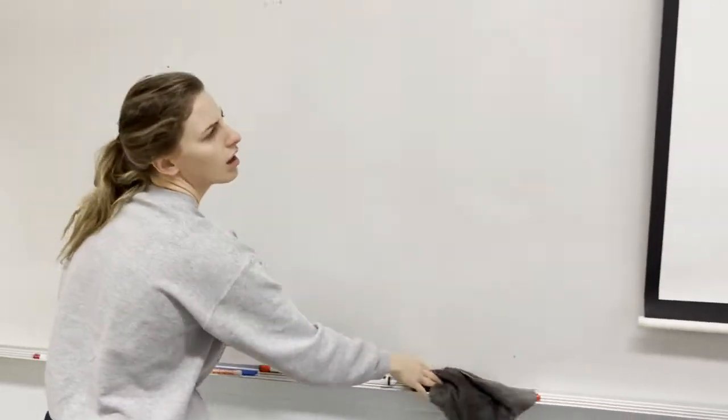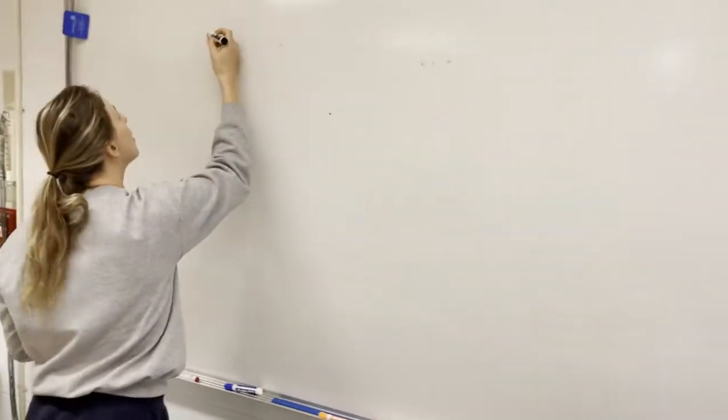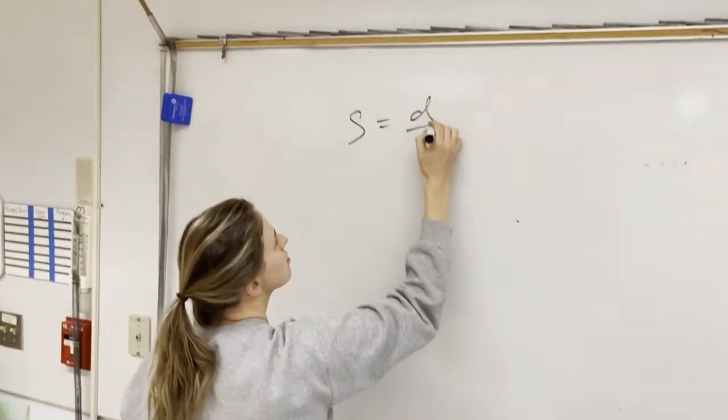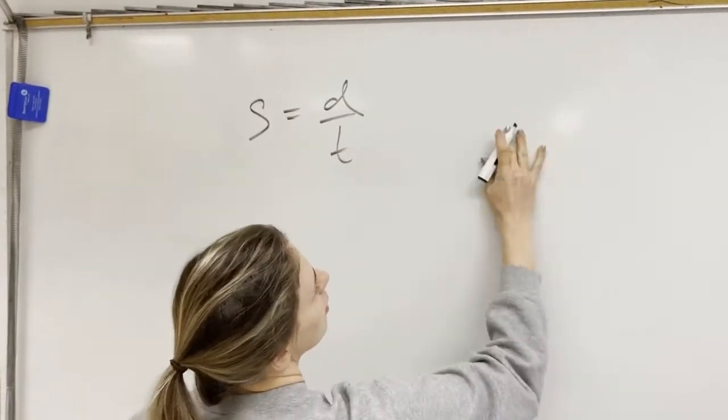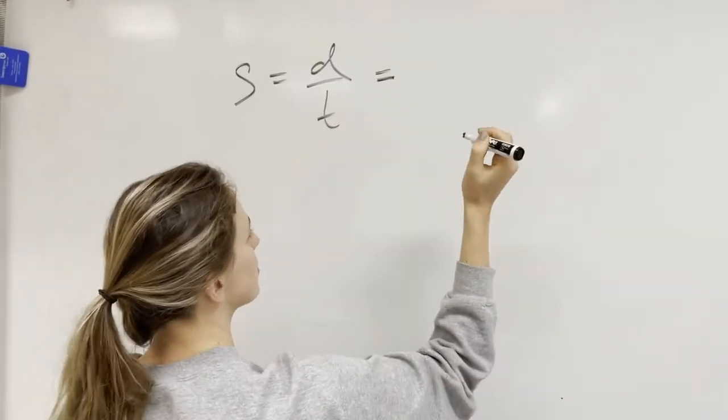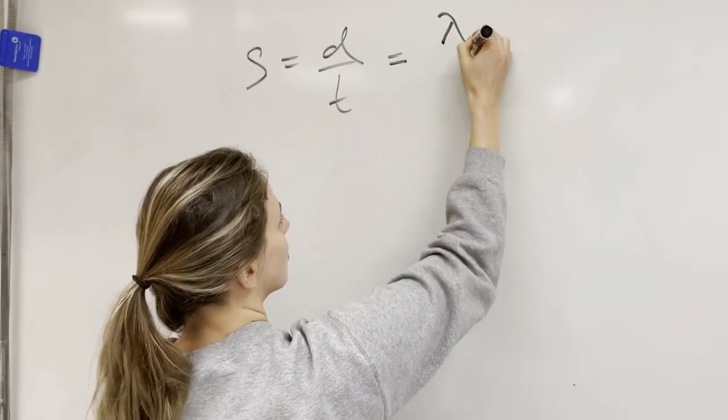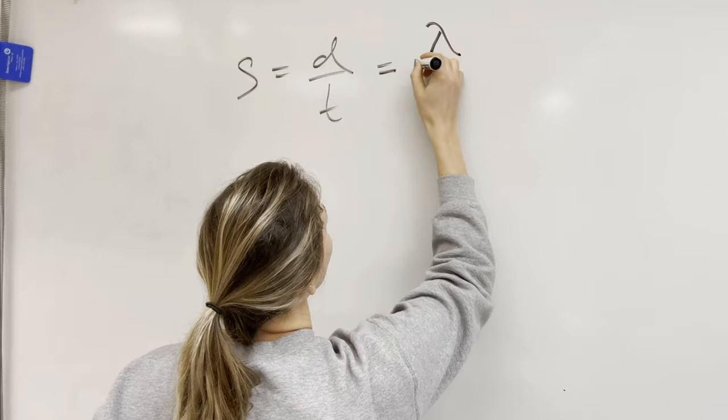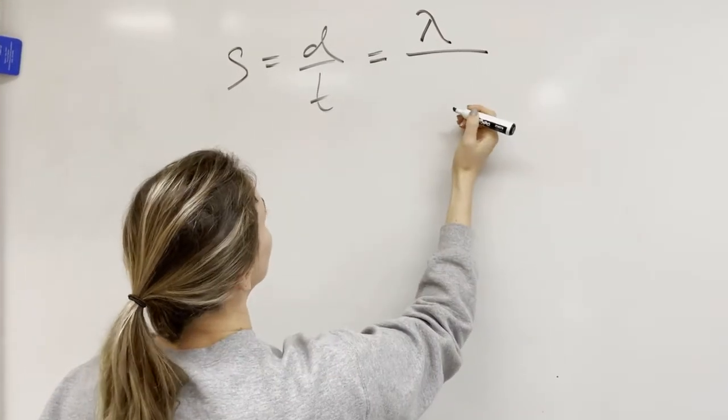Speed equals distance over time. When we're talking about wavelength, what's our distance? For waves, it would be the wavelength, the Greek letter lambda, and for t, it will be the period.